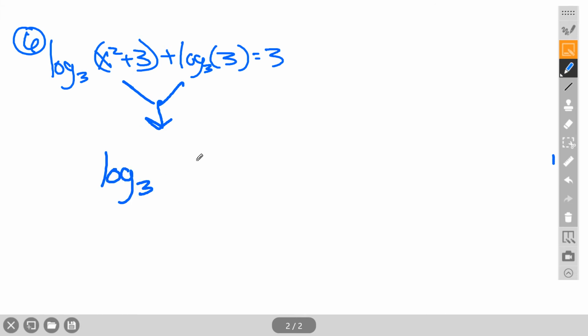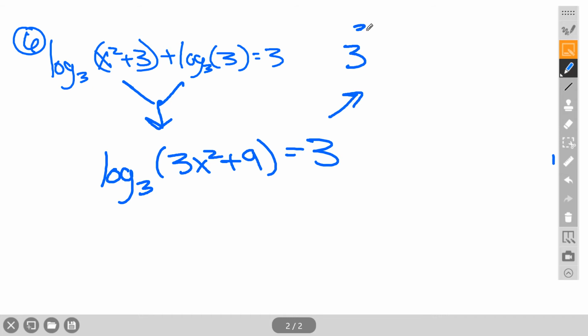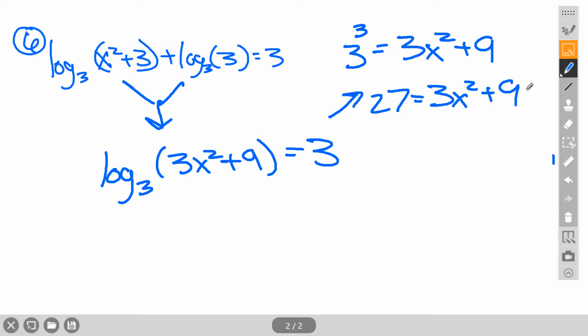So that would be log base 3 of 3x squared plus 9, multiplying x squared plus 3 times 3. And now I can convert this to an exponent, so 3 to the third power is equal to 3x squared plus 9. So 27 equals 3x squared plus 9.